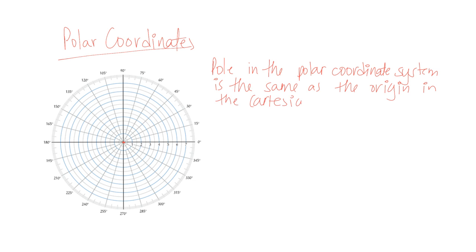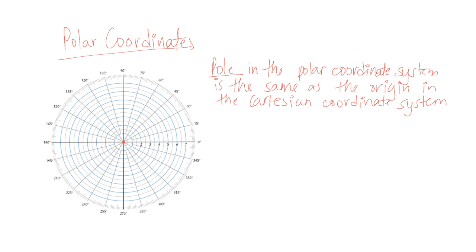Cartesian and rectangular are the same. It's the coordinate system that you've always graphed on. Again, it's this red point here. It looks like the origin from the rectangular.